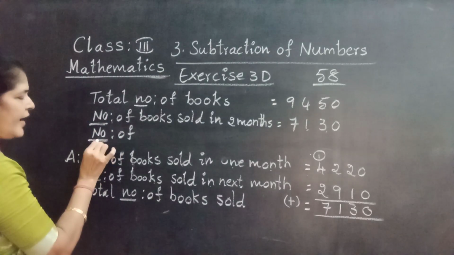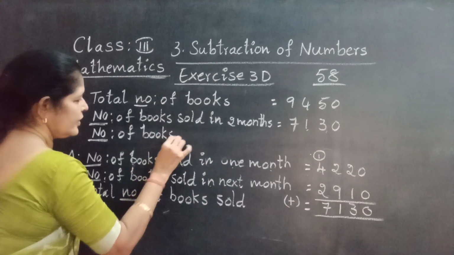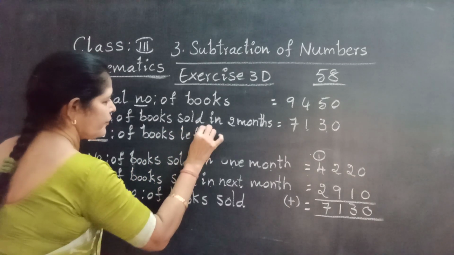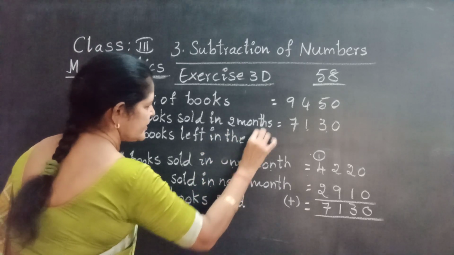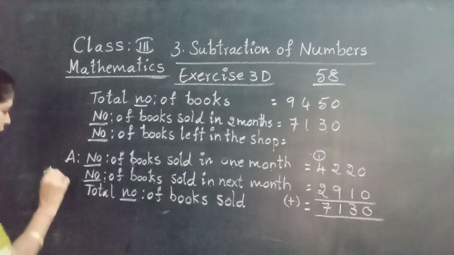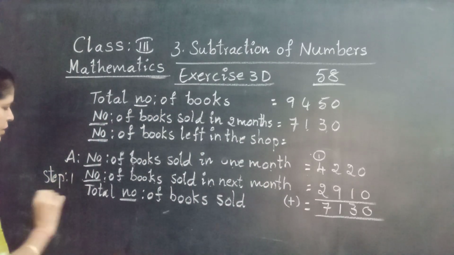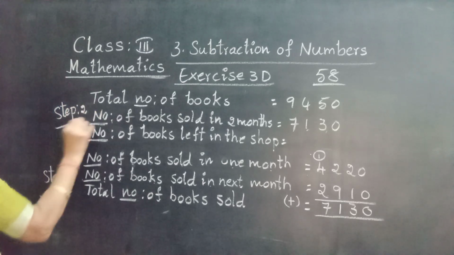This is read as number of books left in the shop. This is the second step. This is step 1. This is step 2. Continuation of answer.